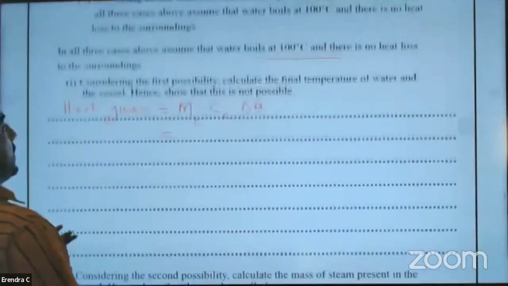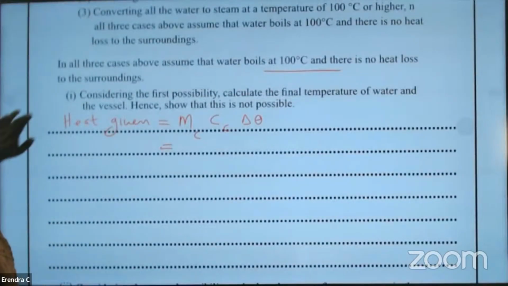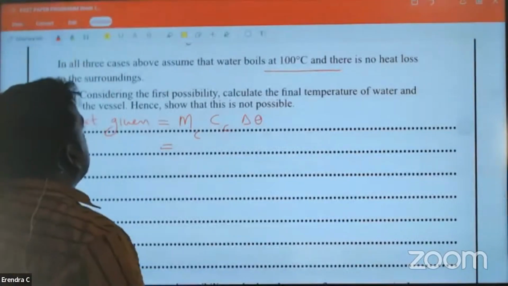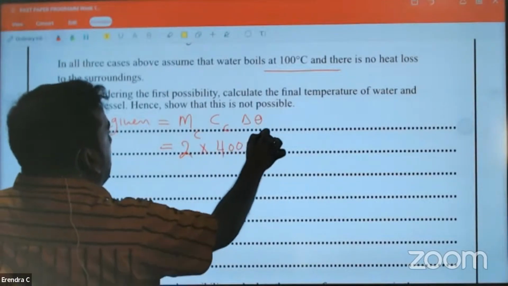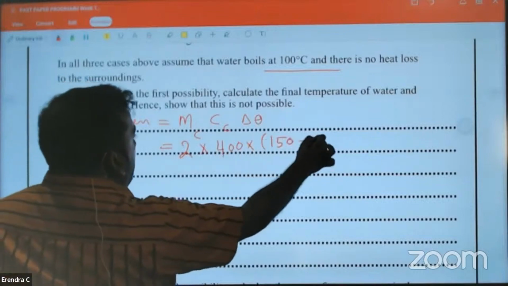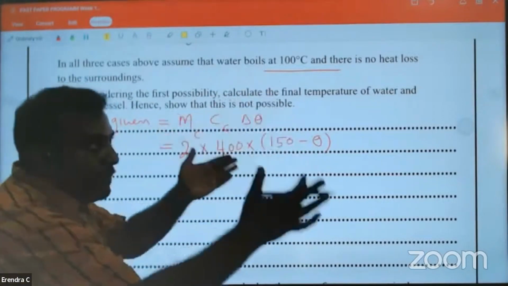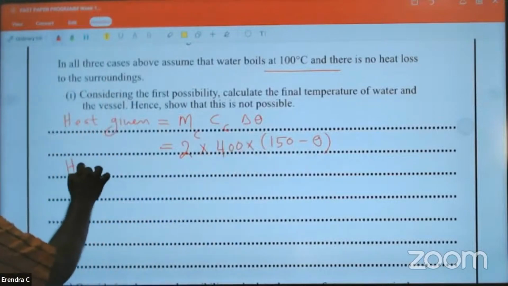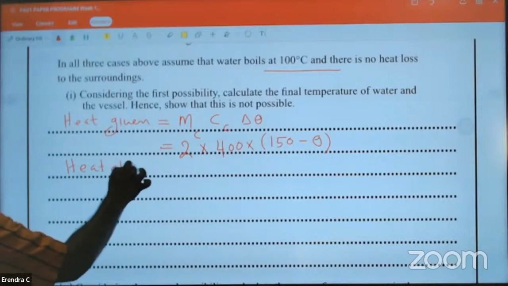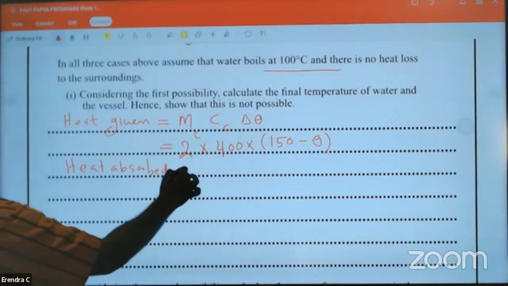Look at this carefully. Heat is given: mass into specific heat capacity into change in temperature. Copper is giving, so it reduces. Heat absorbed. Who is absorbing heat? Water.